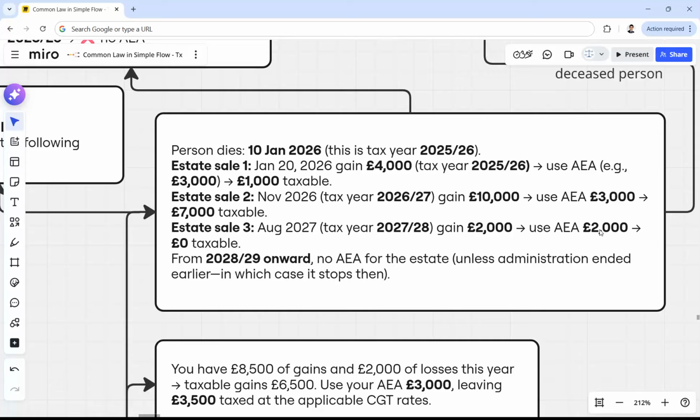We will subtract the £3,000 AEA, but since it is only £2,000, we will take out only £2,000, and the taxable profit will be 0. From 2028-29 onward, no AEA will be available for the estate, unless administration ended earlier, in which case it stops then, with the end.